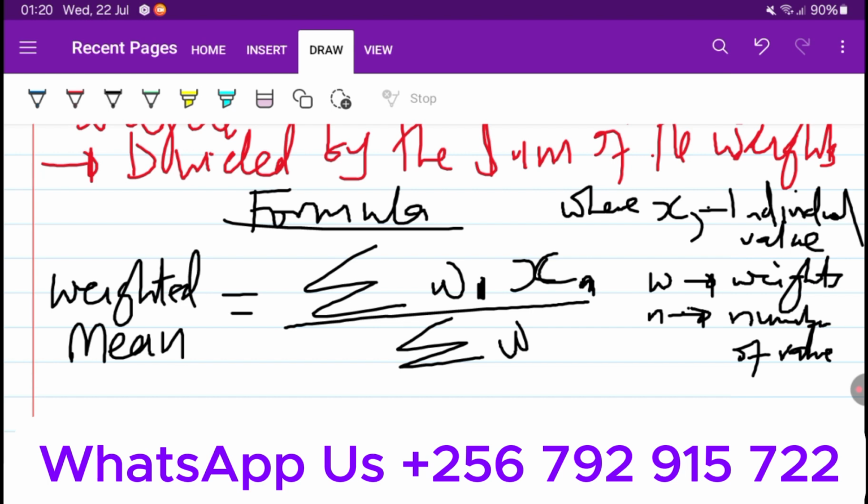So one key thing for you to note is that each of the items in the distribution affects the mean differently.